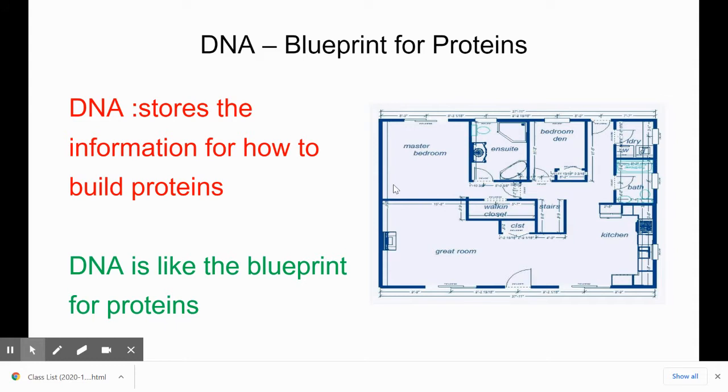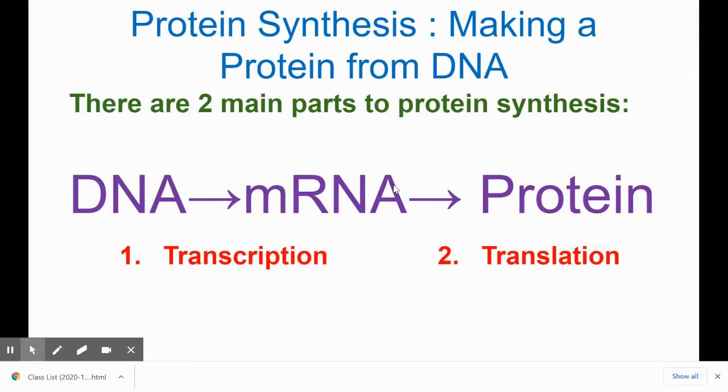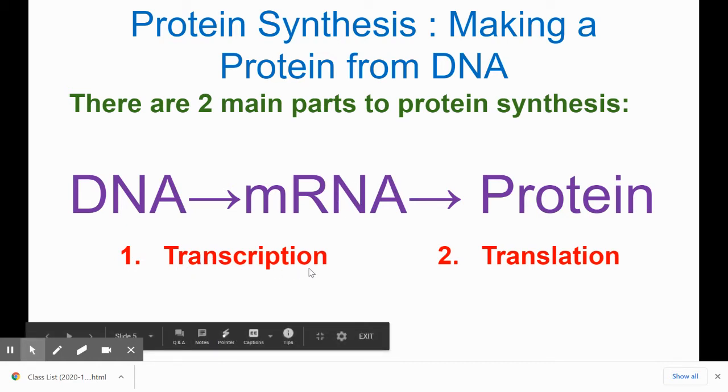So we've already talked about the fact that DNA stores information for how to build proteins. And we know that DNA is stored in the nucleus and it has all of our information for building a protein. So here's an overview of the process of protein synthesis. There are two steps. Our first step, which we're going to talk about in this lesson, is transcription. The second step, which will be in the following lesson, is translation.